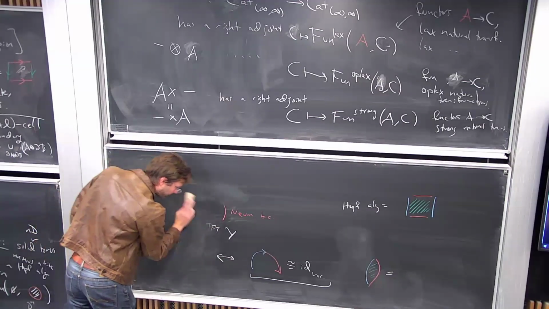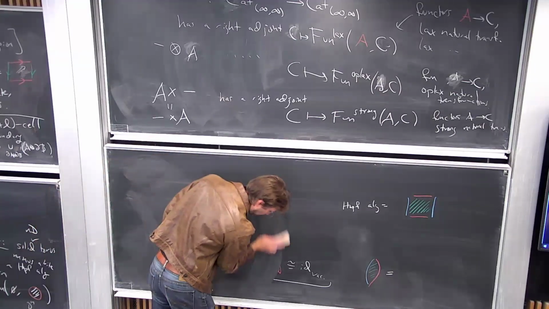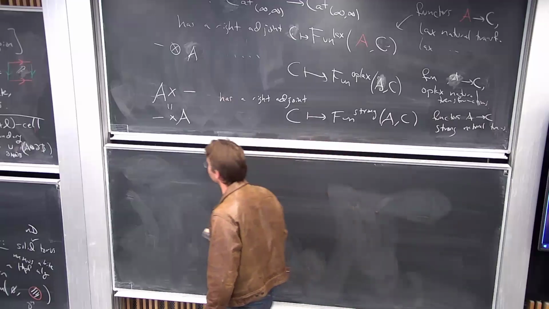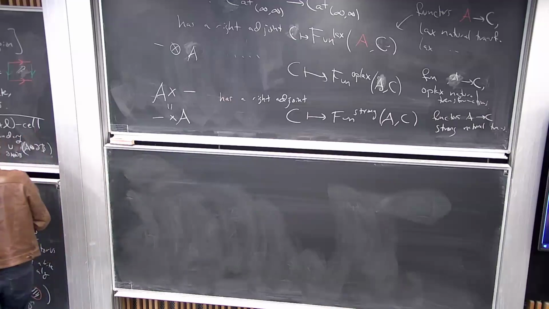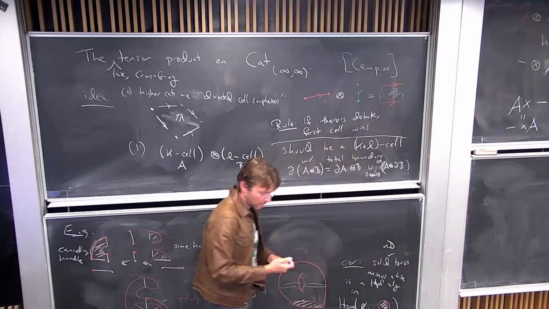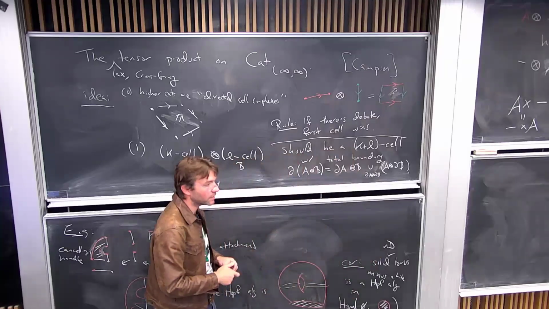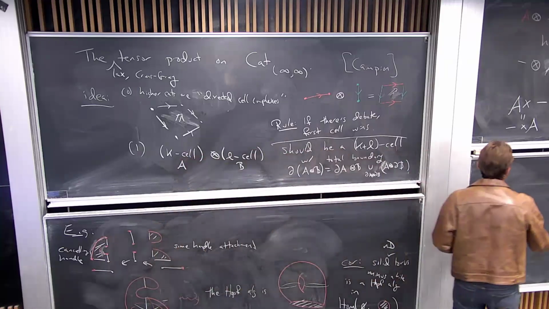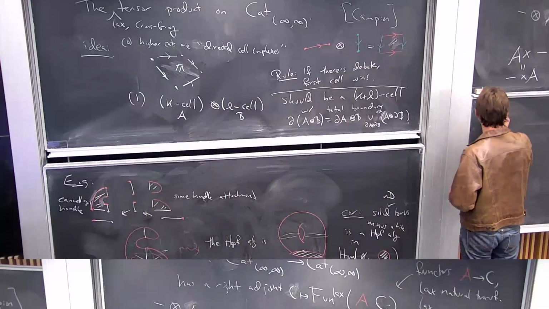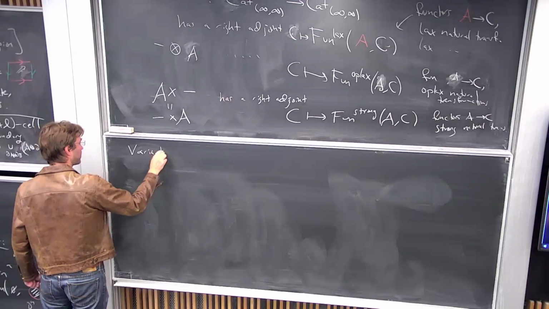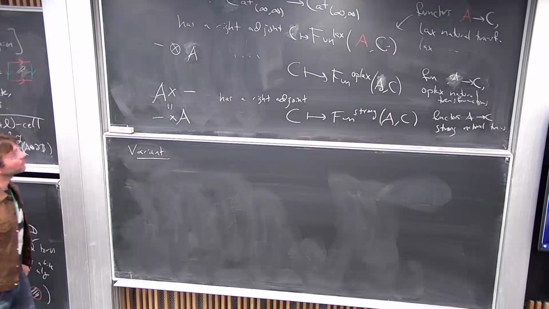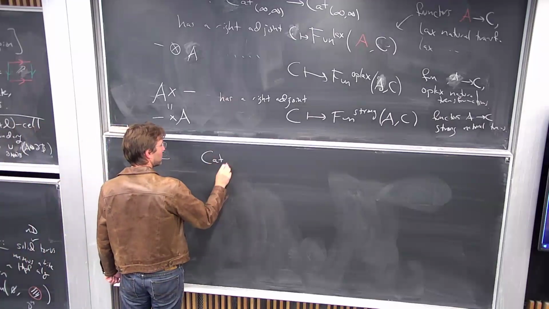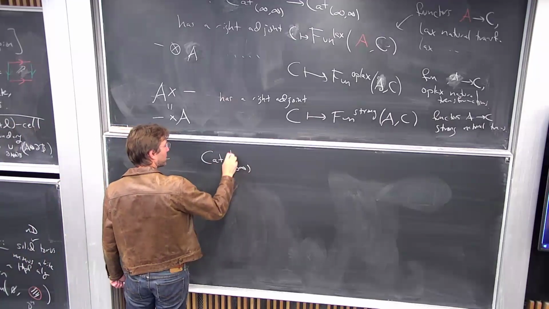So I want a little bit of a variant on this, and then I'll get back to the story I started telling you about, which is that anytime you have a tensor product on some type of spaces, you get a smash product on pointed spaces. So the variant that we needed is you could look at pointed infinity categories.